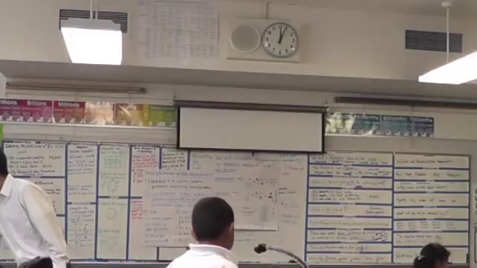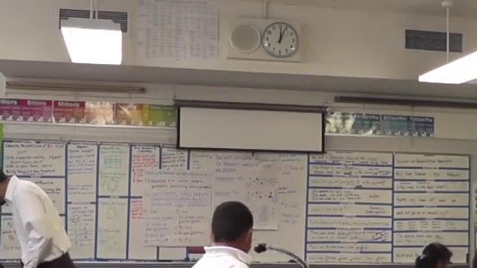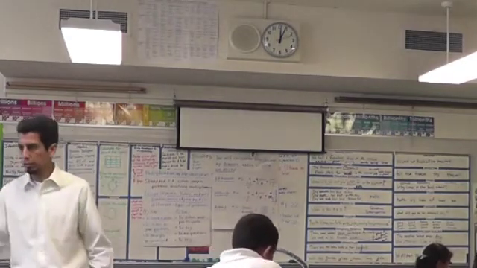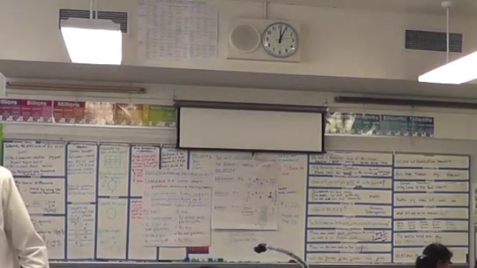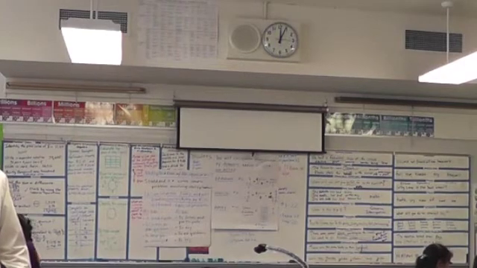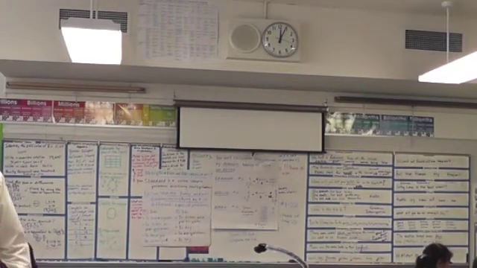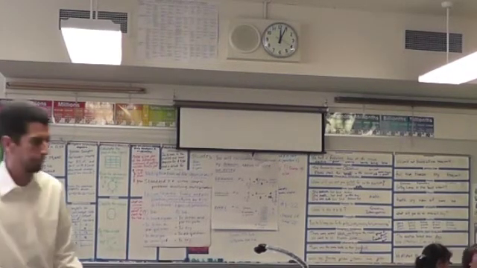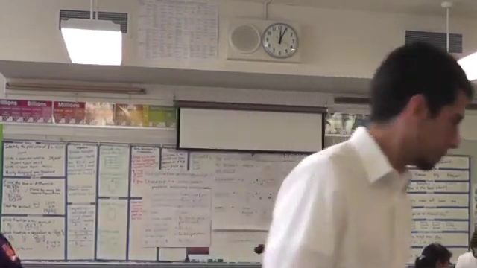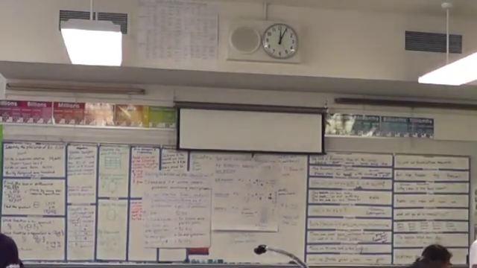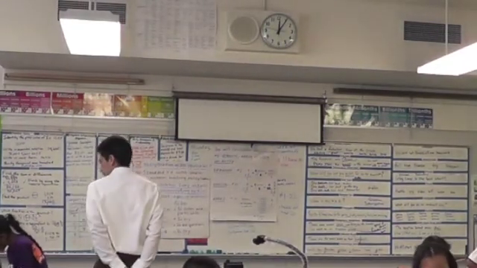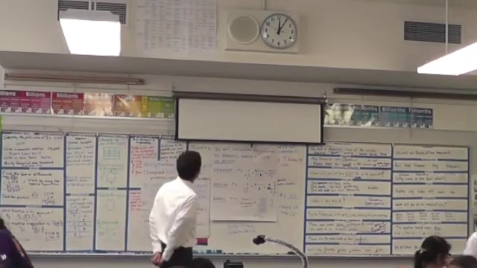Who's going to explain number 1? You are? Okay, go explain it. Your partner's right here. You explain number 1. Okay, I'll be your partner. Explain number 1. Go. You learned that. Back to me in 3, 2, 1.